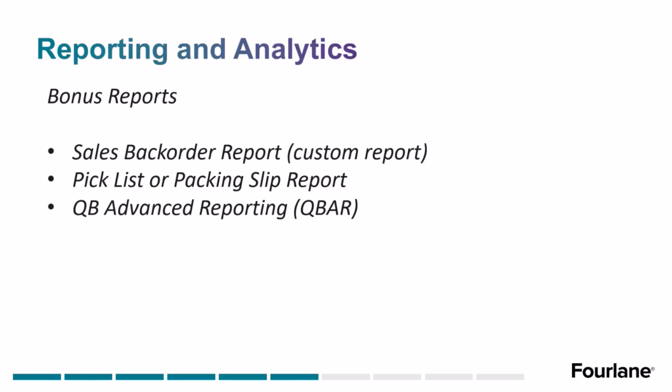We can also do tailored dashboards like sales order aging, fill rate metrics, custom back order dashboards. QuickBooks Advanced Reporting, it's a pretty cool module. We do have consultants that are able to help design and build these if you're needing something that's not just a default report in QuickBooks.